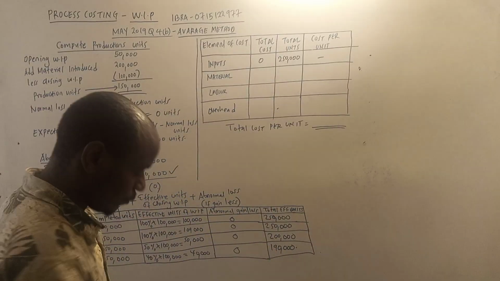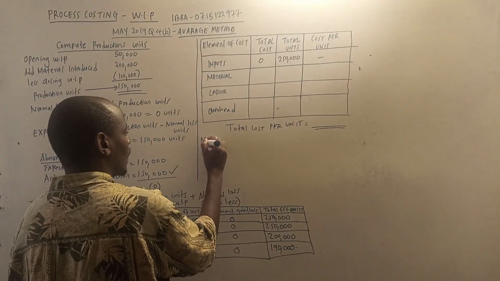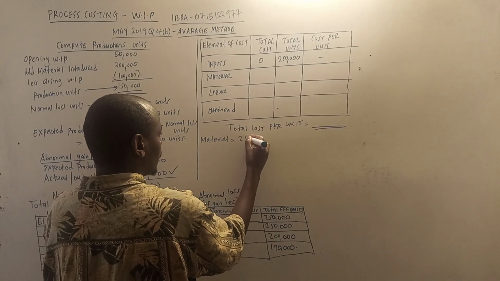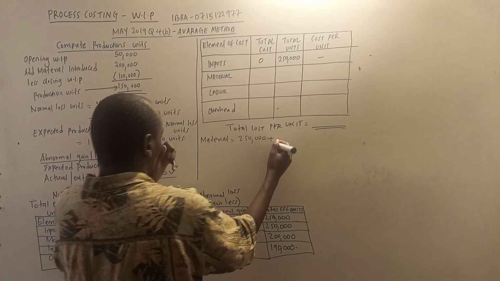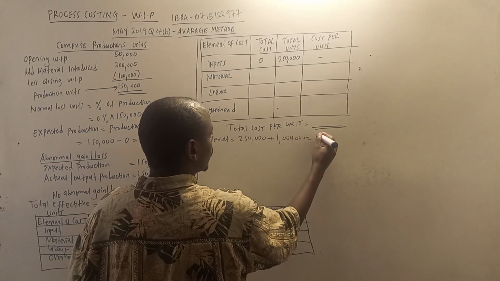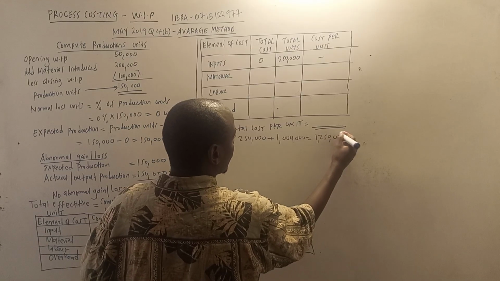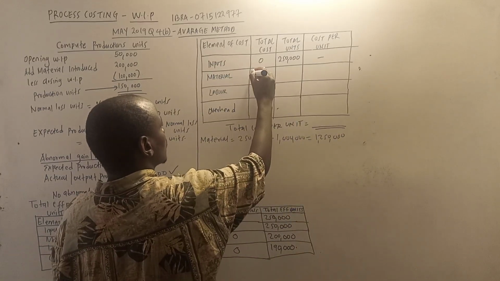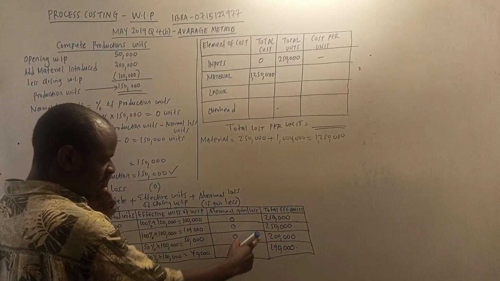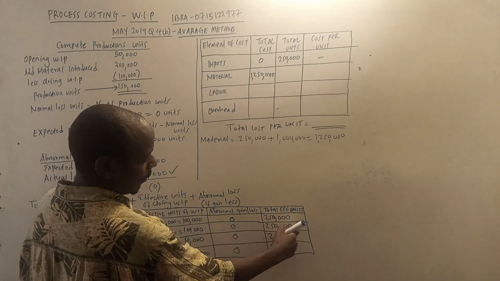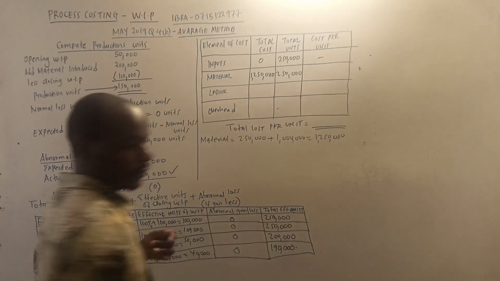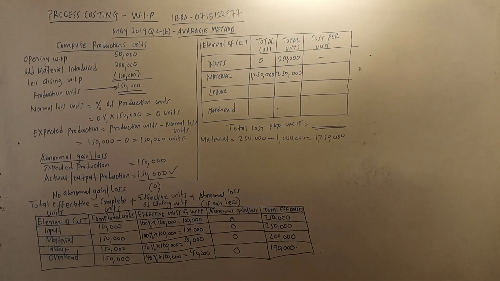For material we have 2 items: 250,000 for valuation and 1 million for cost. So the total is 1,250 million, with units of 250,000. Then we divide to get cost per unit.